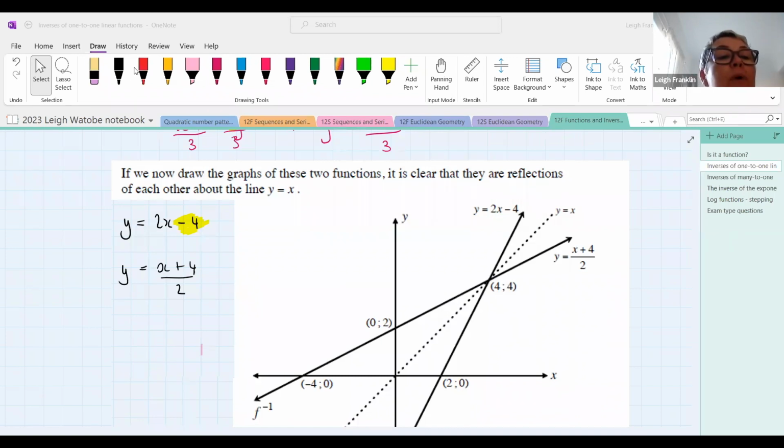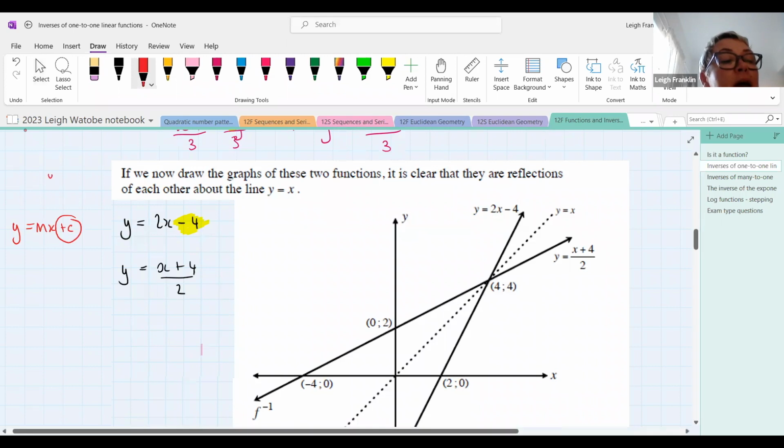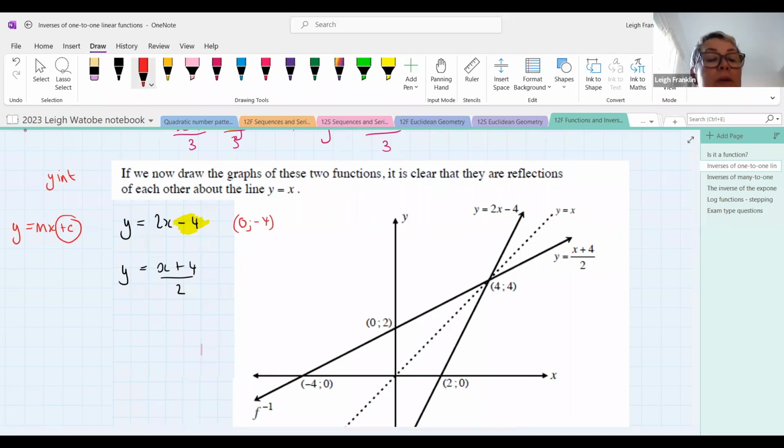Remember, when a linear function is written in the form y equals mx plus c, this c value is your y-intercept. So the y-intercept of the line y equals 2x minus 4 has coordinates 0 and -4.